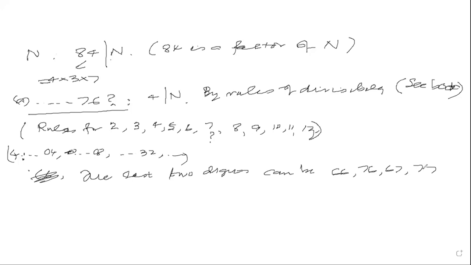Right? You only got 6s and 7s. And none of these is a multiple of 4 except 76. Two of them are odd. And this one here, 66, leaves a remainder of 2 when you divide by 4. It's 64 plus 2. So only 76 is a multiple of 4. So therefore, those must be the last 2 digits. So that's the first question.